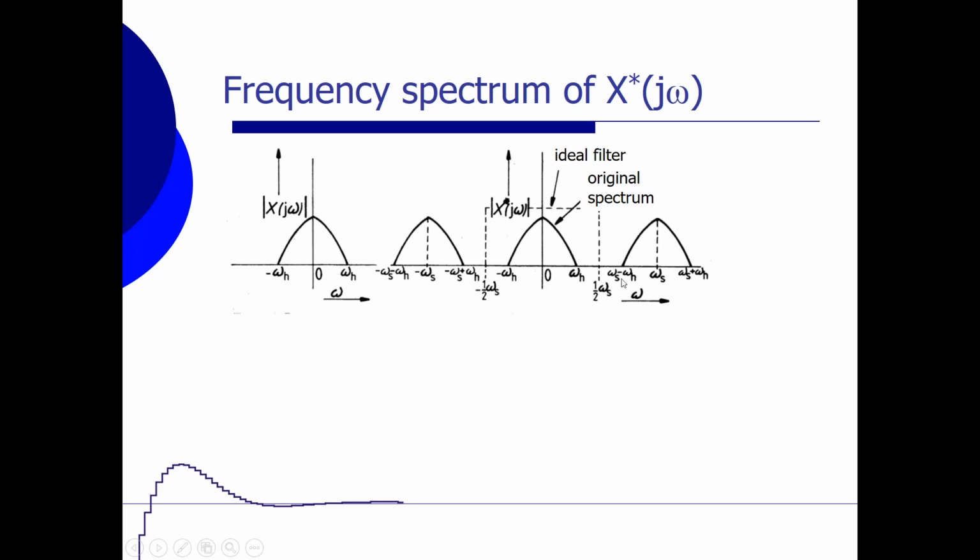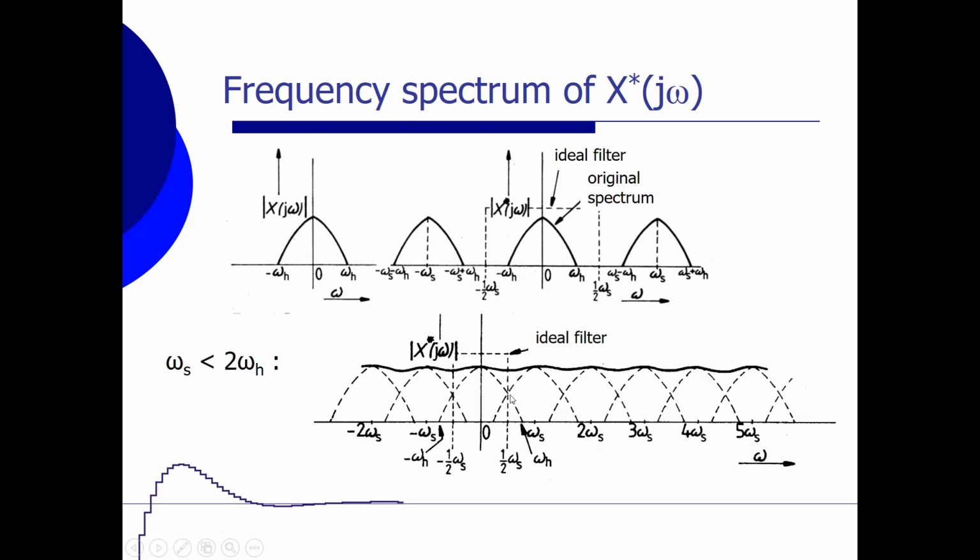But that is only possible when this point, omega s minus omega h, is larger than this point. So when omega s minus omega h is smaller than omega h, then we have a combination of this spectrum and that spectrum, and we are not able to filter out the original signal anymore, because this is what happens in that case when omega s is smaller than twice the maximum signal frequency omega h.